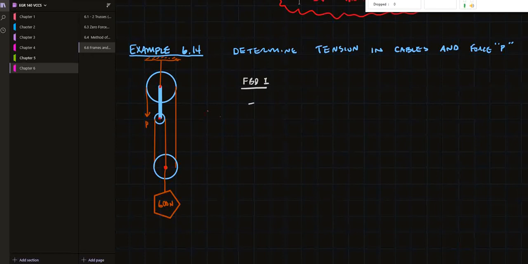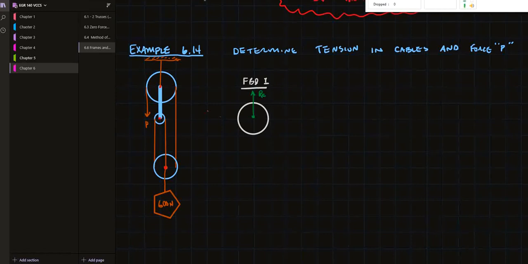And so our first pulley looks something like that. I have a reaction here, or the force in that line.